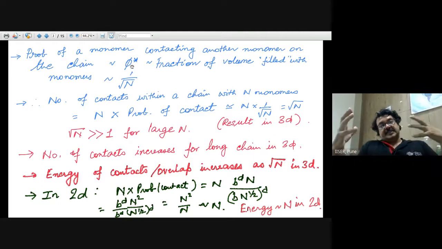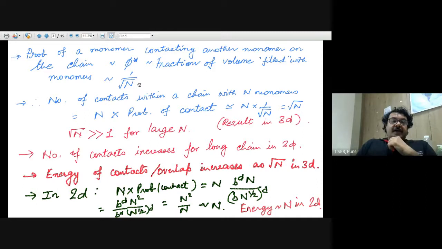So basically it's what volume fraction of that pervaded volume is occupied by monomers. So the probability of a monomer getting in touch with another monomer goes as phi star, which is the fraction of volume filled with monomers, and that goes as 1 by root n. But that's the probability.